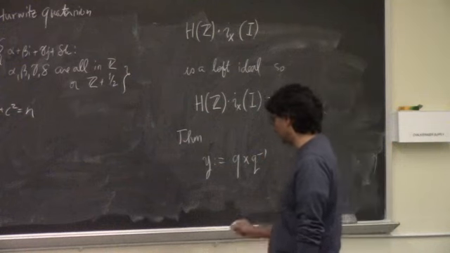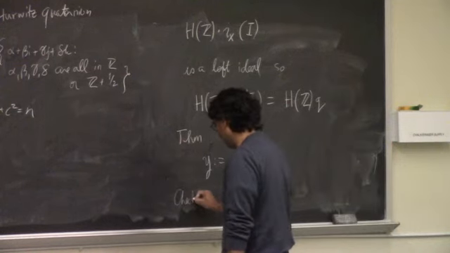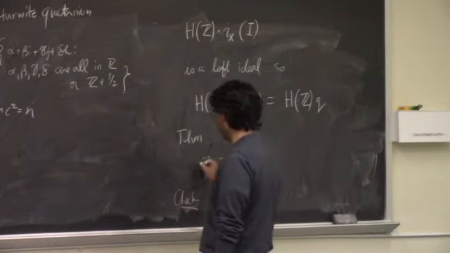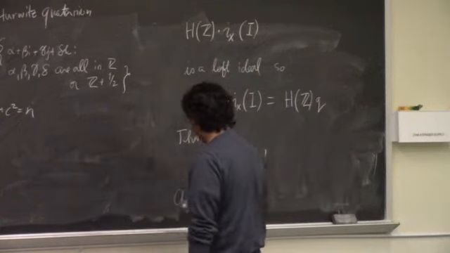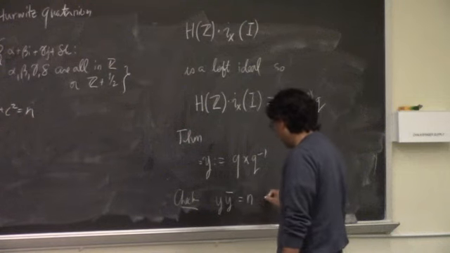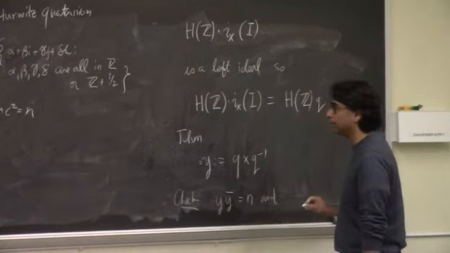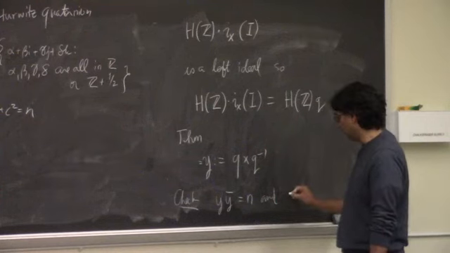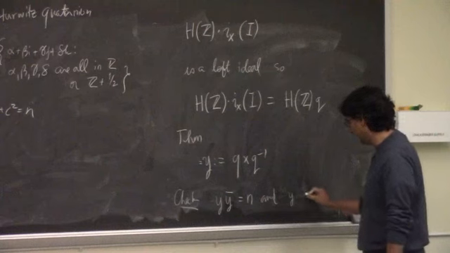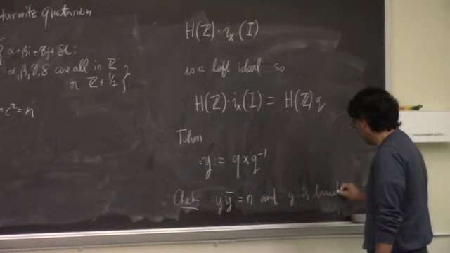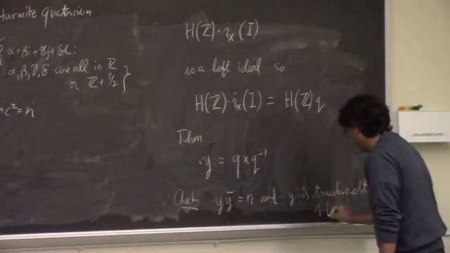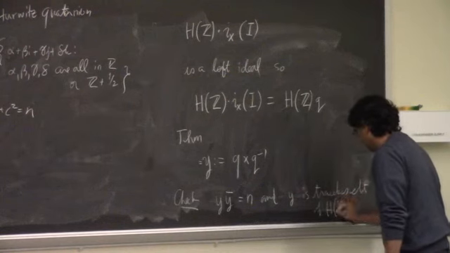Okay, and it's easy to check that y squared is equal to negative n, and y is a traceless element of H again.